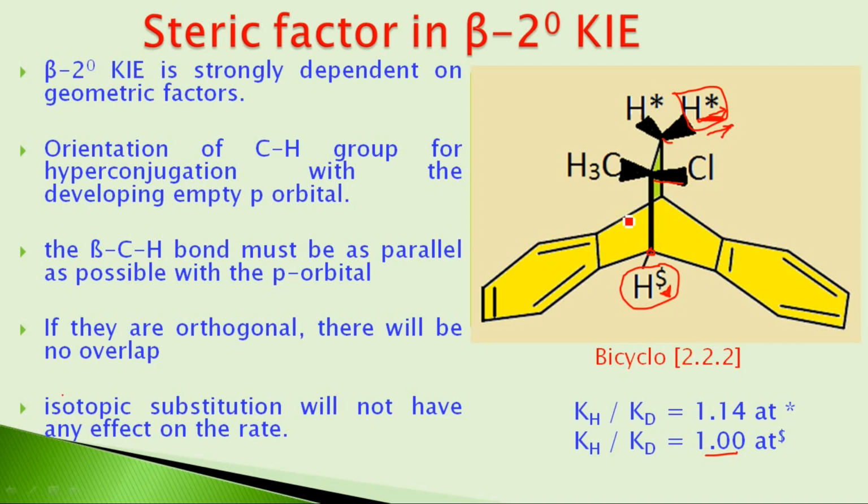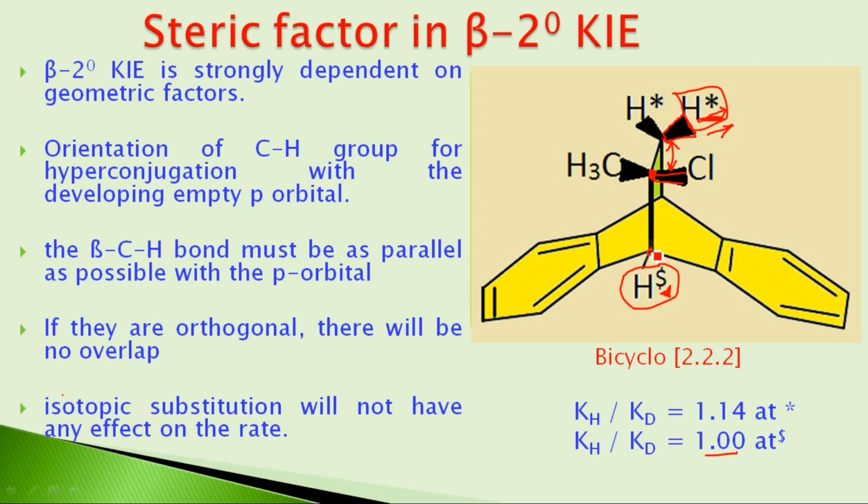The answer is, when this C-Cl bond cleaves, a carbocation develops here, or an empty p orbital forms here, and that empty p orbital is more or less parallel to this CH bond. So hyperconjugation is possible here, which results in stabilization of the developing carbocation.